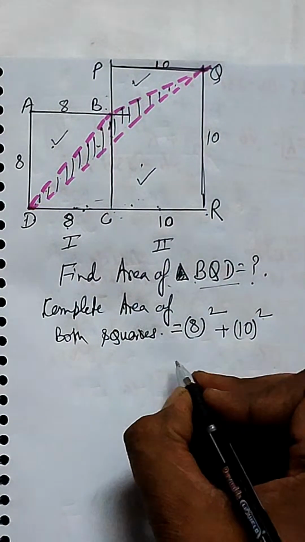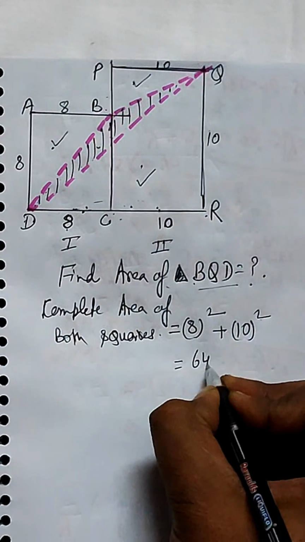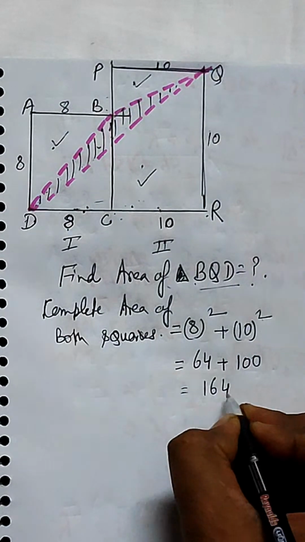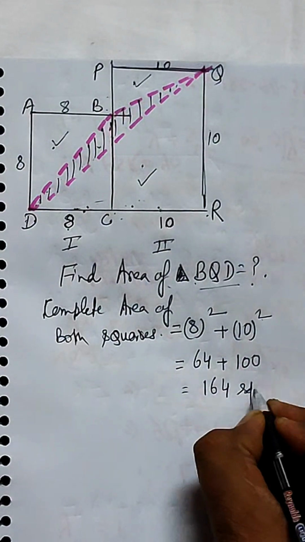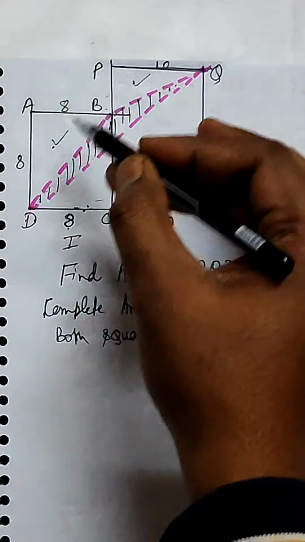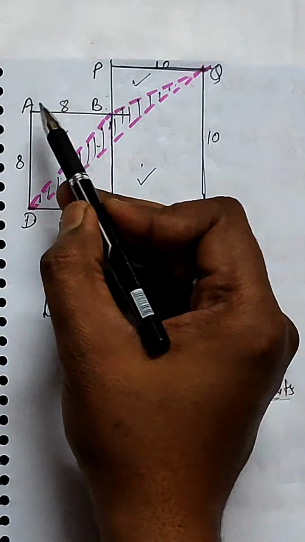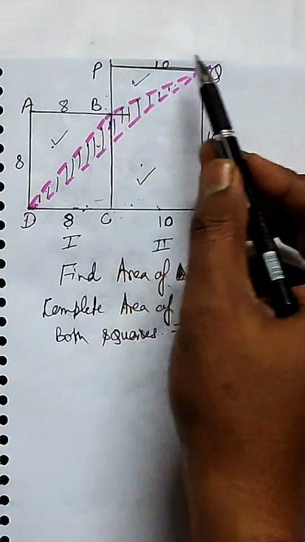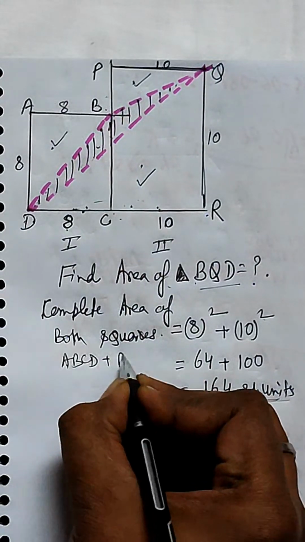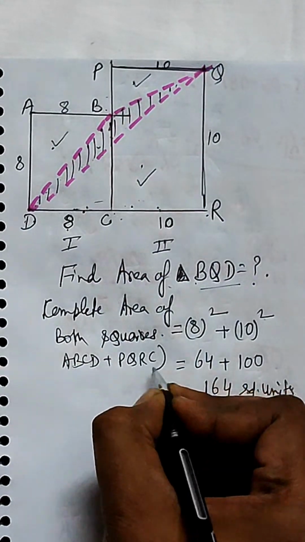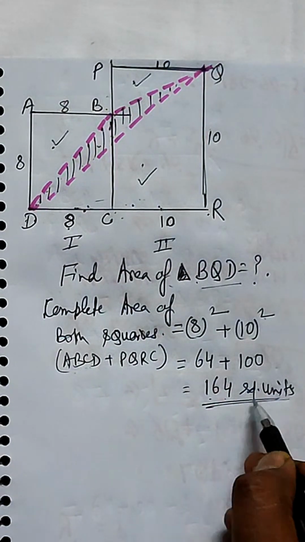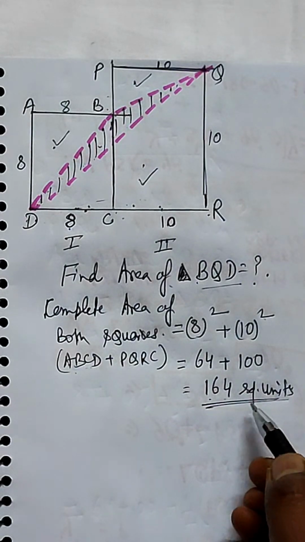So we get 64 plus 100, that is 164 square units. 164 square units is the area of the complete figure, that is ABCD plus PQRC, both of the squares.